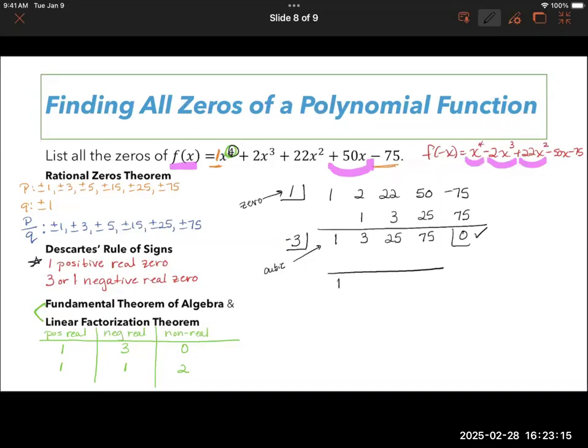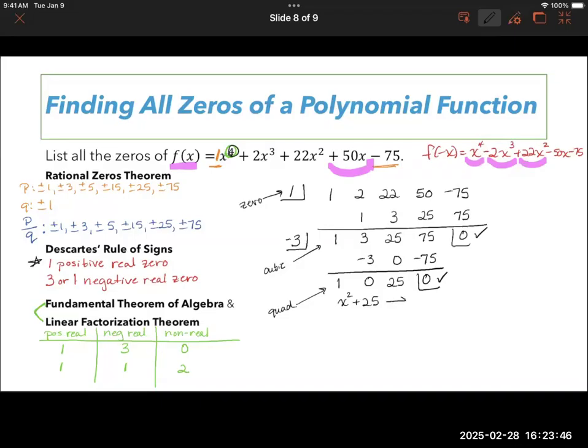So bring down the 1, multiply, add, multiply, add, multiply, add. So there's another 0 remainder, which is good. That's what we want. And we now have a quadratic for our quotient in the form of x squared plus 25.